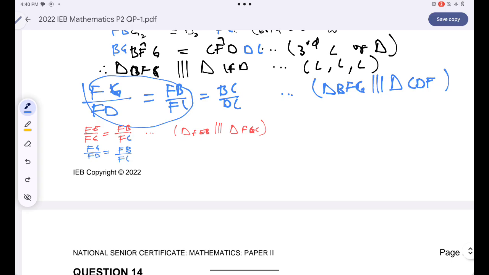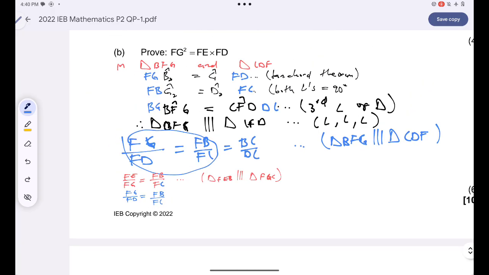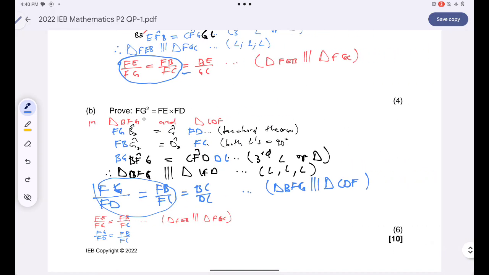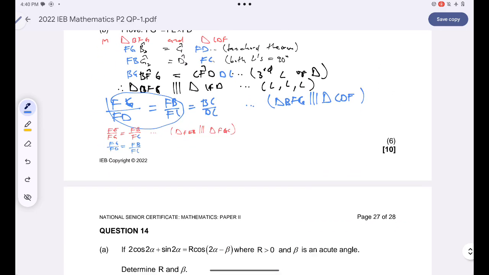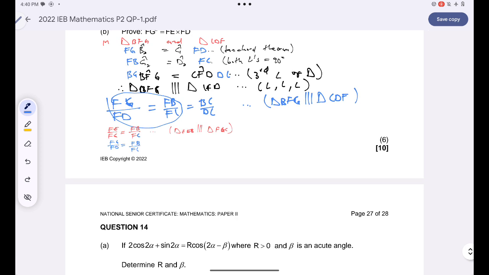Okay, why am I choosing these two sets of ratios? What I want to prove has FG and FE, so I'm going to choose a ratio that has FG and FE in one pairing of similar triangles, and then another pairing of similar triangles should have FG and FD.